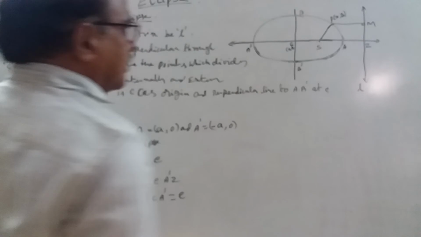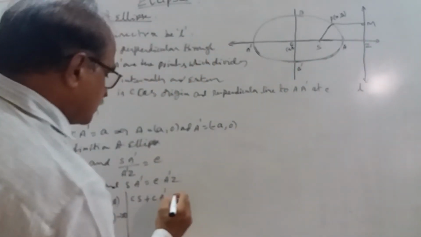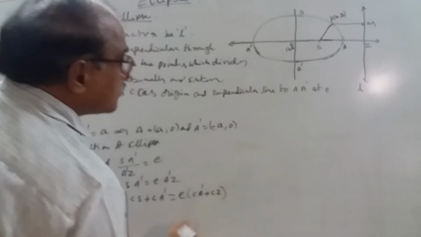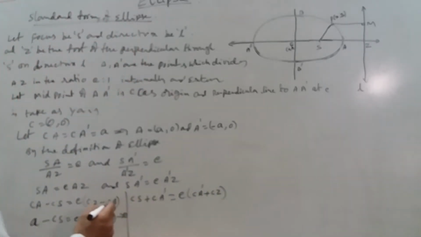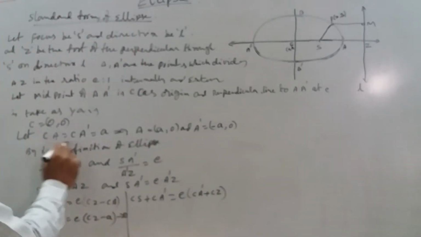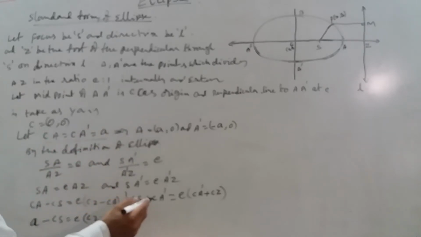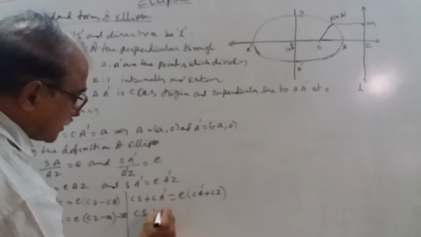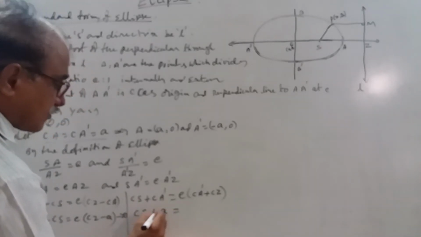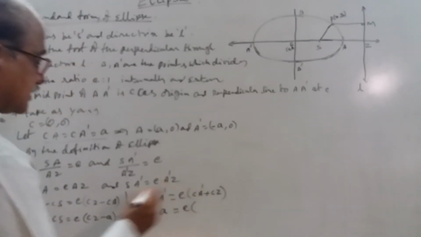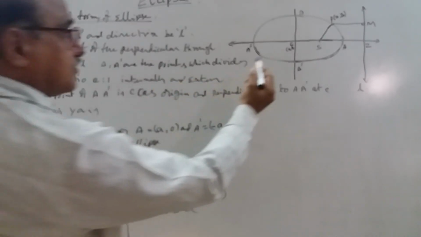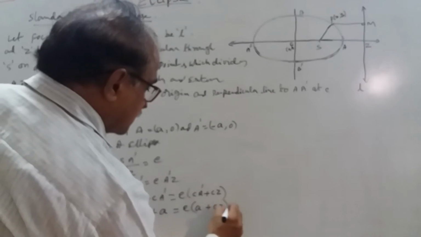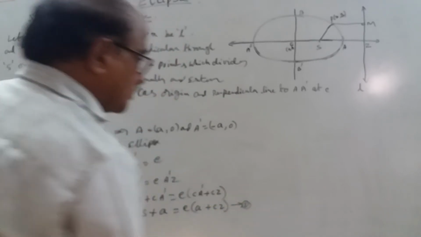By using this, CA dash is also equal to a. That means CS plus a is equal to e into CA dash, and the value of CA dash is also a, so e into a plus CZ. Put this as equation 2.